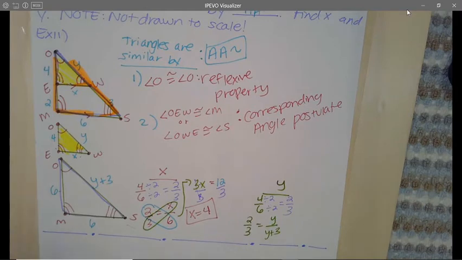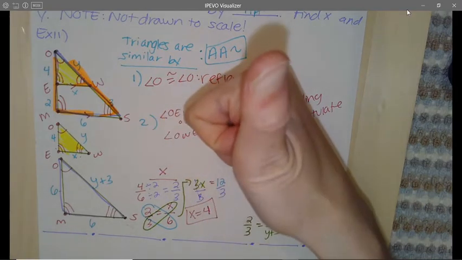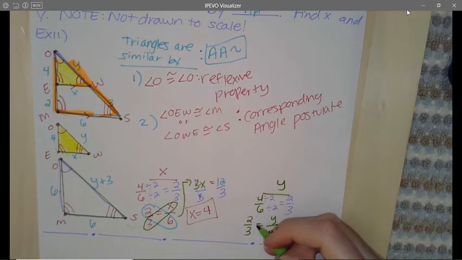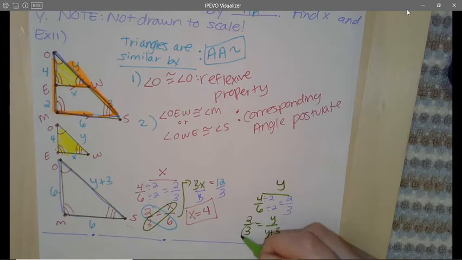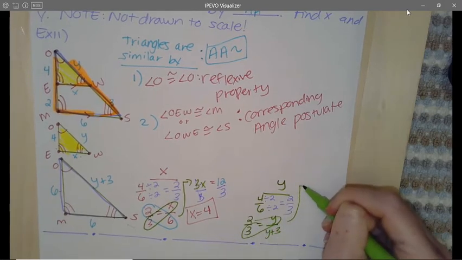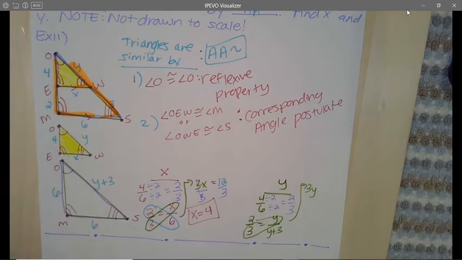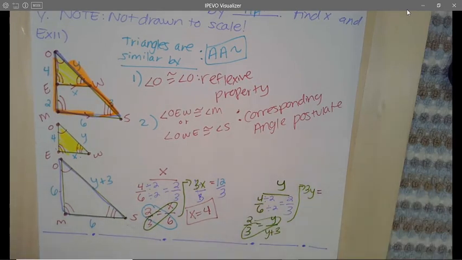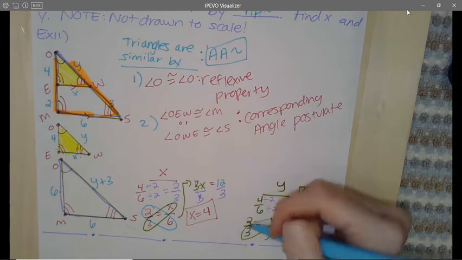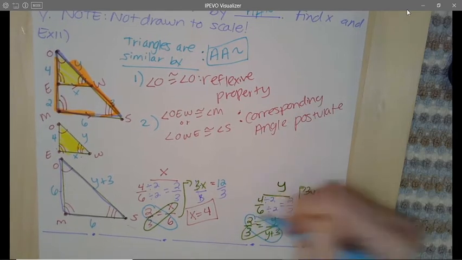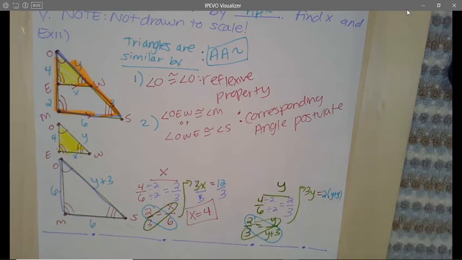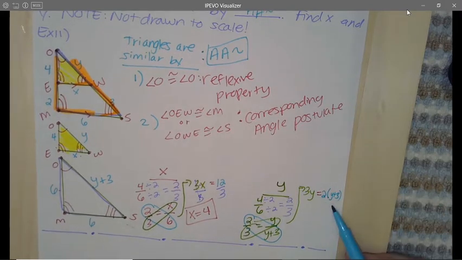And now all we gotta do is solve the proportion, which you guys are cross multiplying pros, so let's get going. Okay, so I'm gonna start going this way. 3 times y is 3y, and that will equal, let's go the other way, 2 times y plus 3, which I'm going to write as 2 times the quantity y plus 3 like this, because we're multiplying 2 to the whole thing, not just the y and not just the 3.